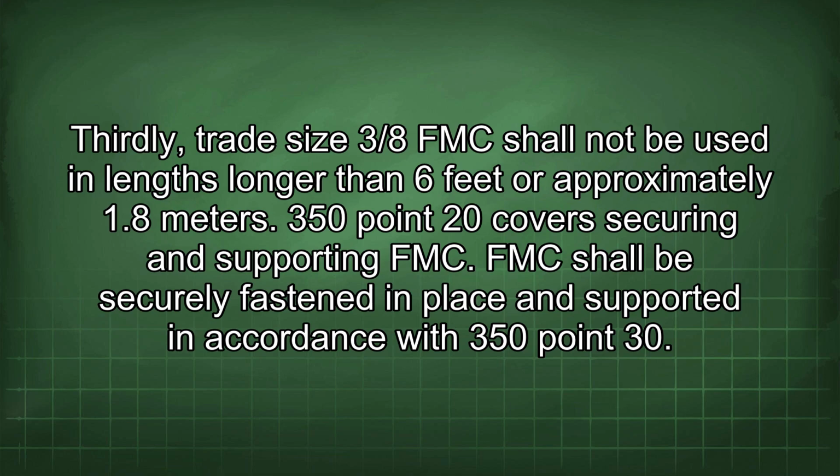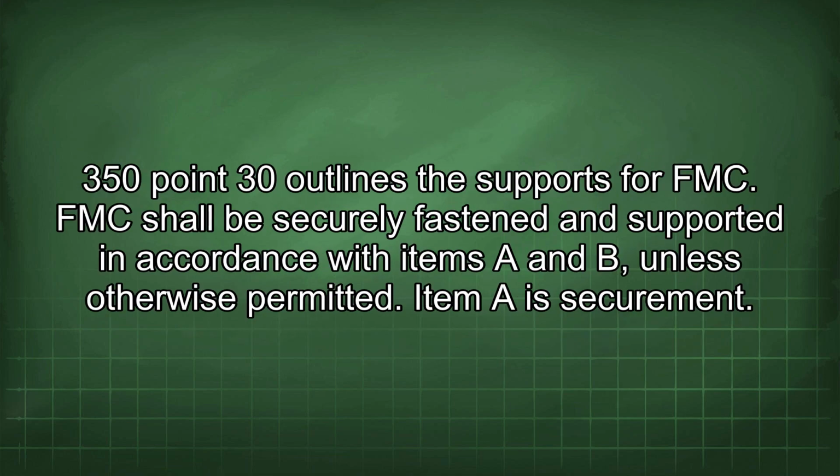350.20 covers securing and supporting FMC. FMC shall be securely fastened in place and supported in accordance with 350.30. 350.30 outlines the supports for FMC. FMC shall be securely fastened and supported in accordance with items A and B, unless otherwise permitted. Item A is securement.